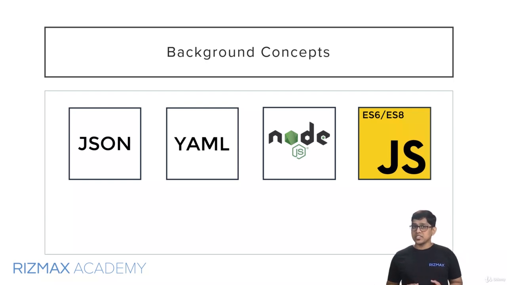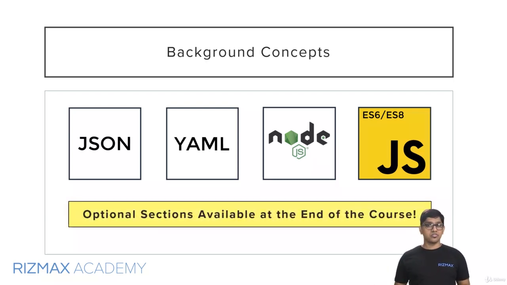These optional sections are included at the end of this course. If you're already familiar with these topics, feel free to skip them. If you're new to these topics though, then I highly recommend going through those optional sections before you start with the next section.